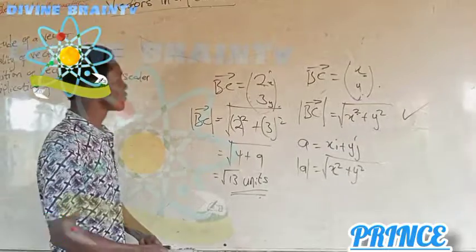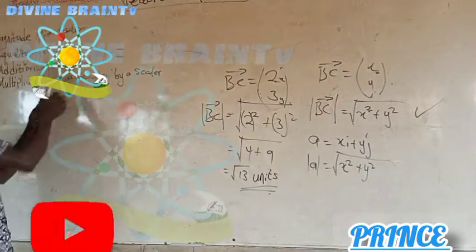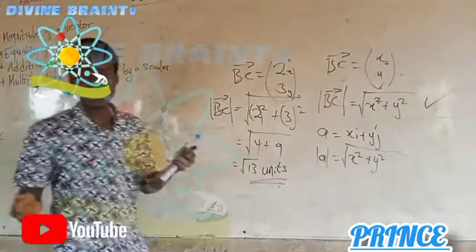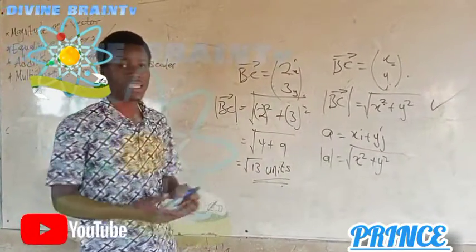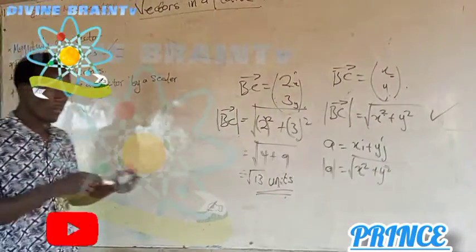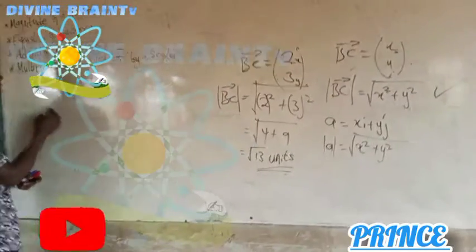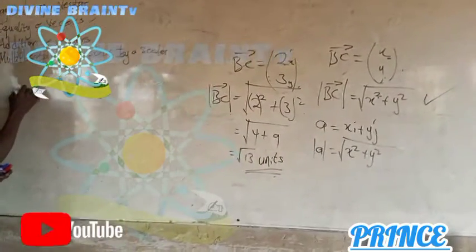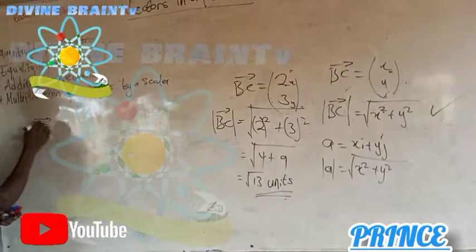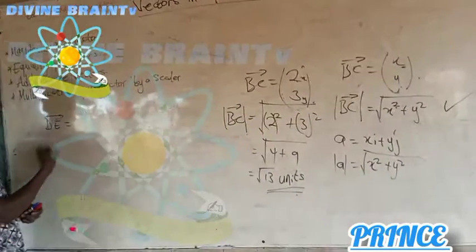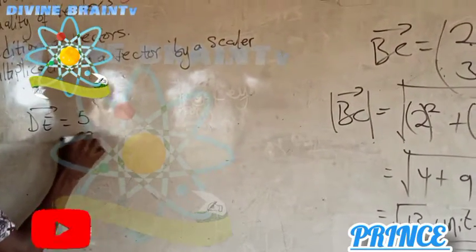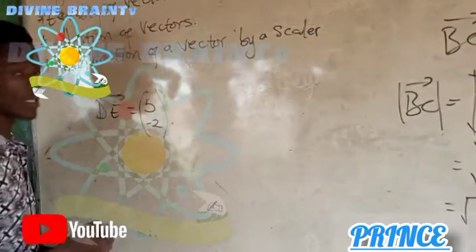Quickly, let's move to our next point, equality of vectors. When we say equality of vectors, assuming two vectors have been given to us. For example, assuming we have vector DE to be equal to (5, -2), like this.